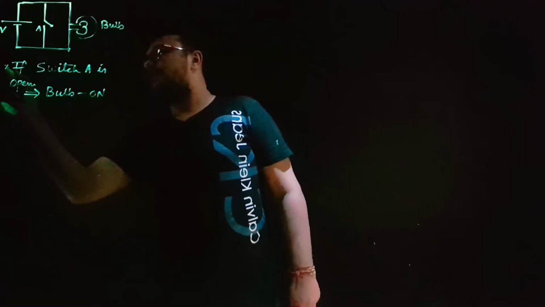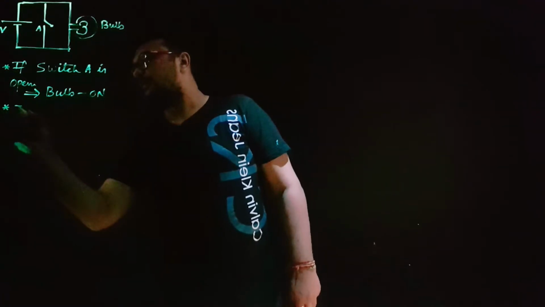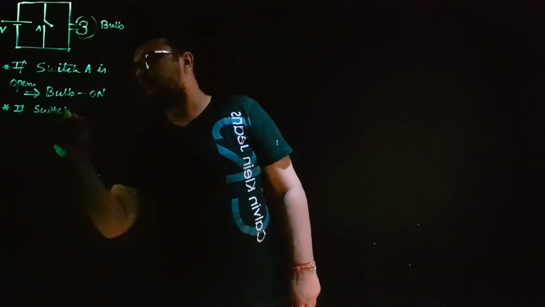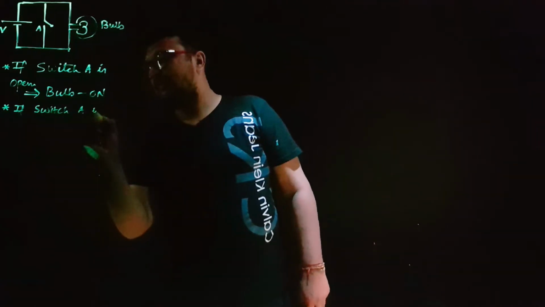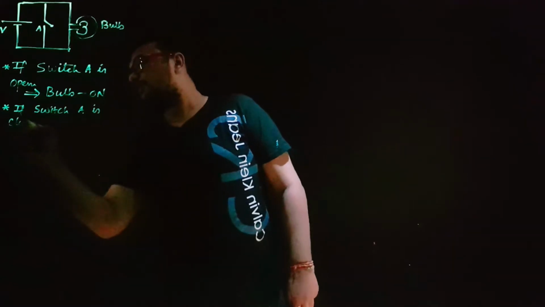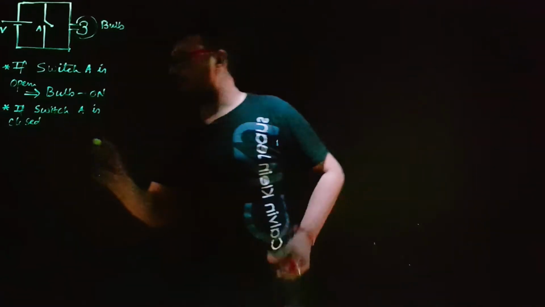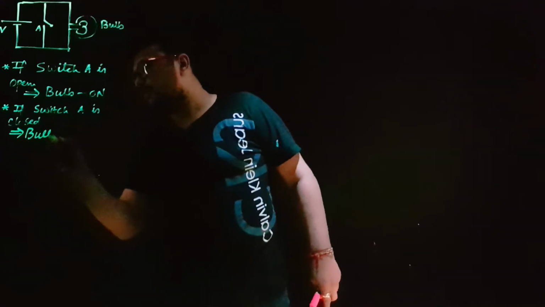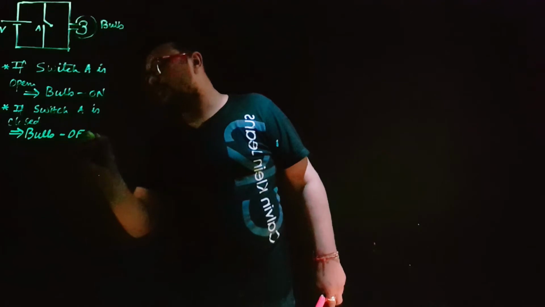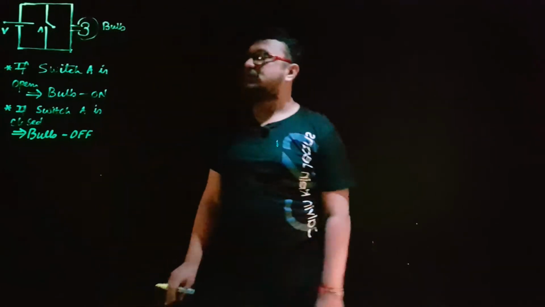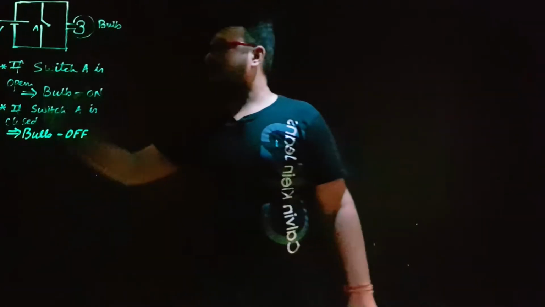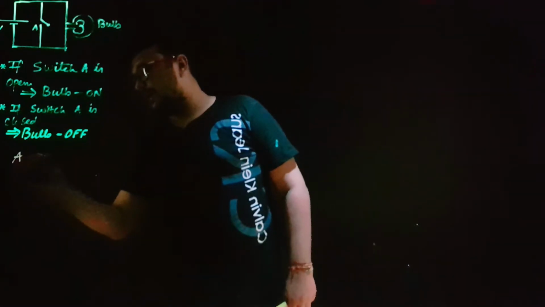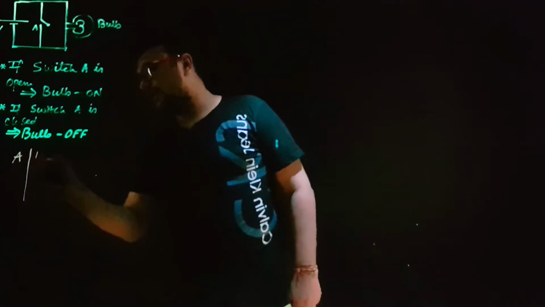So in the second condition, if switch A is closed, this implies that the bulb will be off because maximum current will flow through the switch. So if we represent this in a tabular form, then you can say switch A and bulb B.